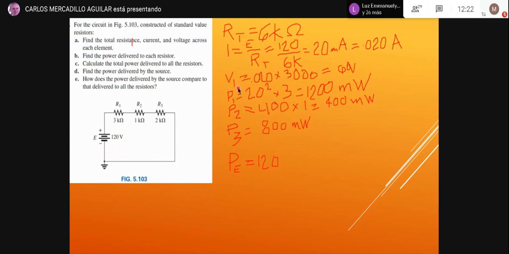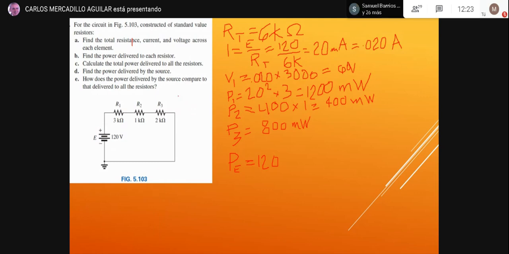We could calculate the voltage across each resistor and then multiply this voltage times the current, and we will obtain the result. But it's easier if we have the current here. We will use this formula. I didn't write it. Let me write it.